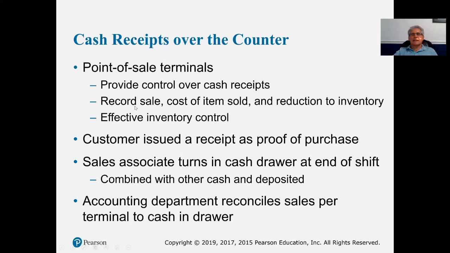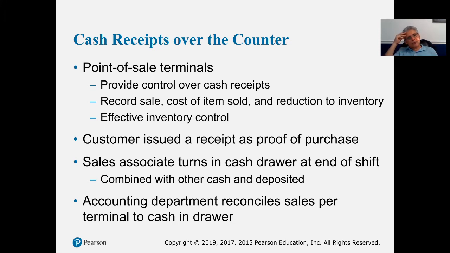So what you'll see is that, especially for retailers, they'll have point of sale terminals, and those point of sale terminals provide control over cash receipts. They keep track of how much money you should be putting into the terminal, so that you can compare that at the end of the hour, the end of the shift, the end of the day, and make sure that what was entered into the sale was in fact received in cash.